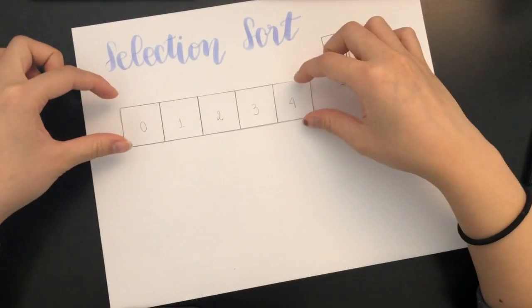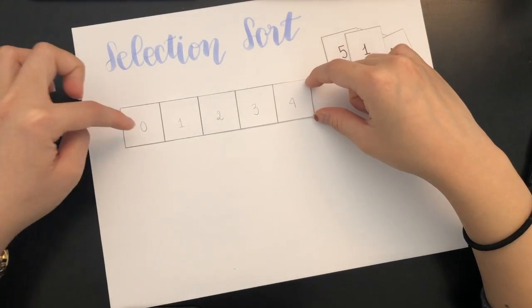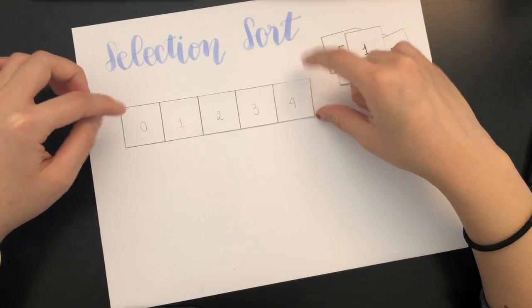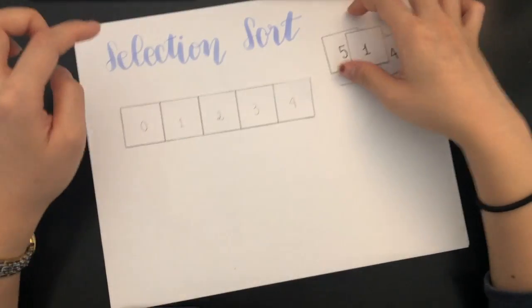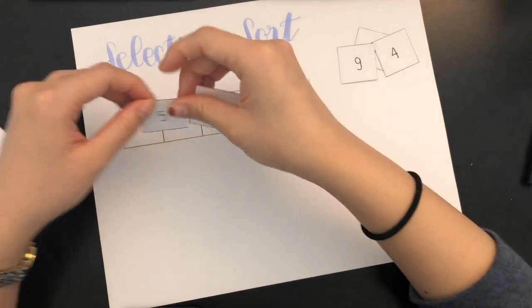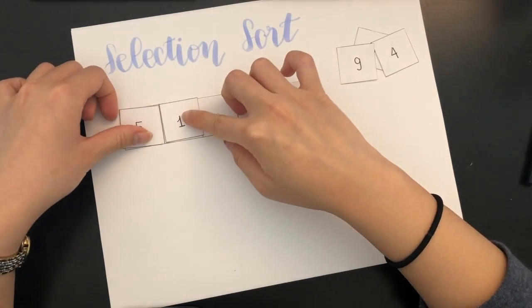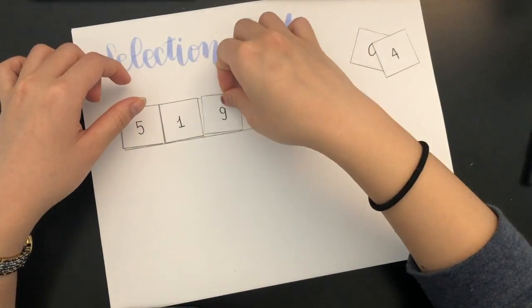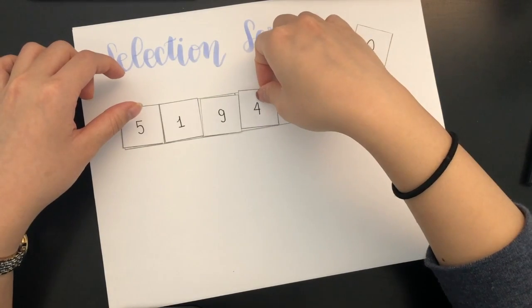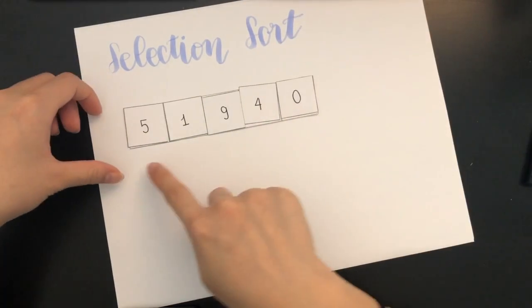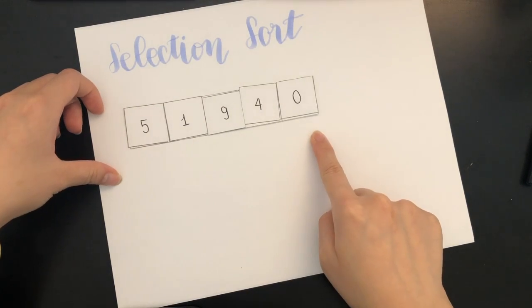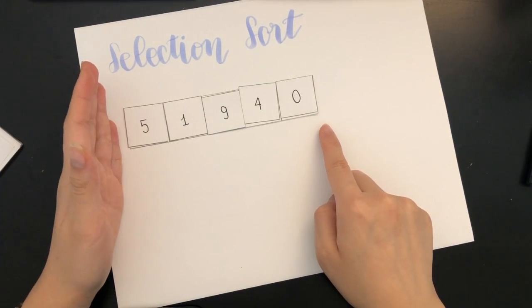So I have an array here of 5 elements, and I have written down in pencil the indices of them. So now let's create an unsorted subarray. We now see that this is the unsorted subarray, and there's nothing that has been sorted.